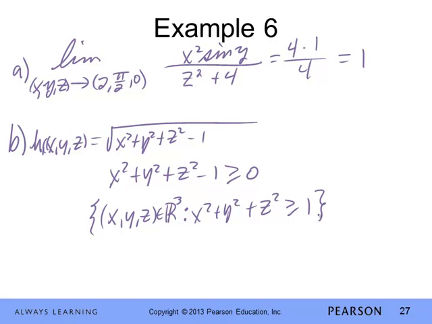Any questions so far? So Dr. Wu, when he meets with you on Tuesday, is going to talk about derivatives. In particular, partial derivatives, where you basically are going to take a two-variable function and treat one variable as a constant and differentiate with respect to the other variable.